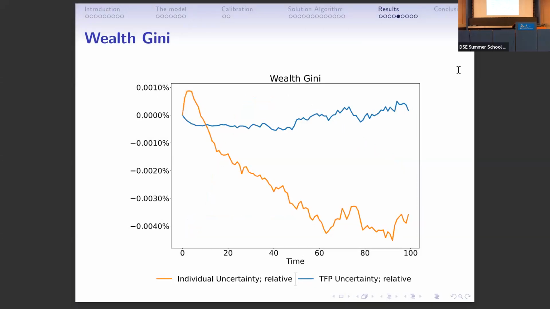Then this is true for all other variables, like wealth Gini, for example, for this individual uncertainty, first increases and then goes down. All these changes happen because of different rates of return on capital and bond.